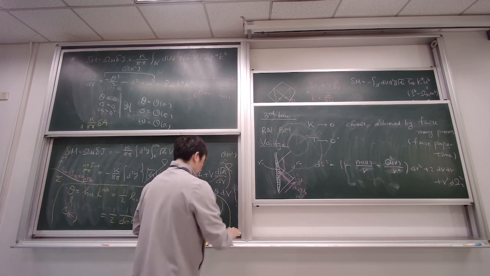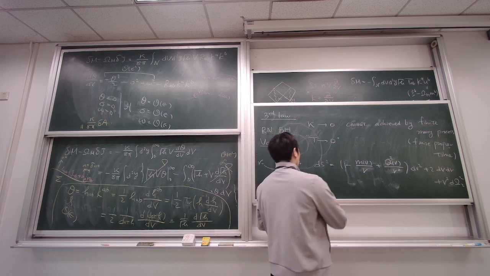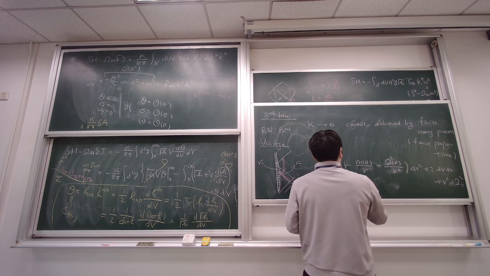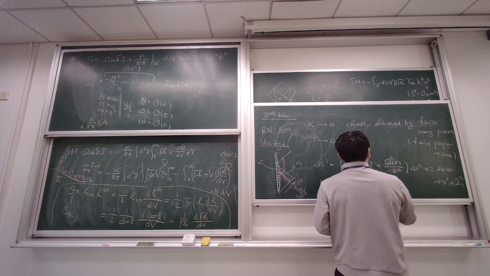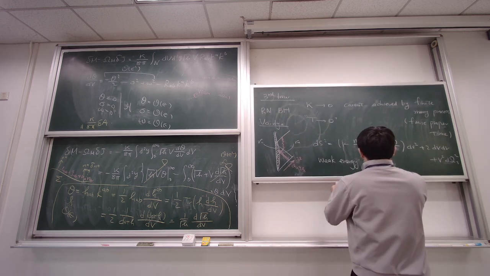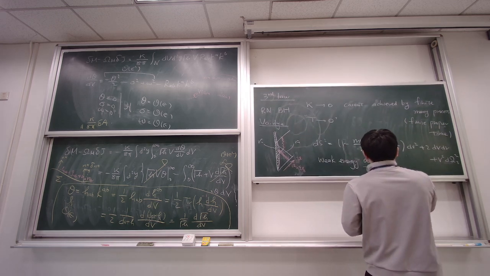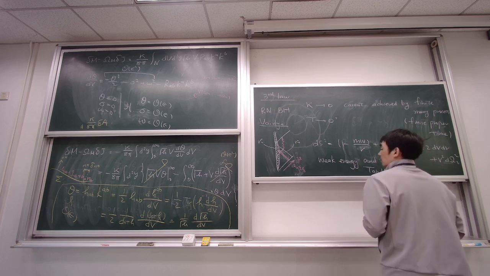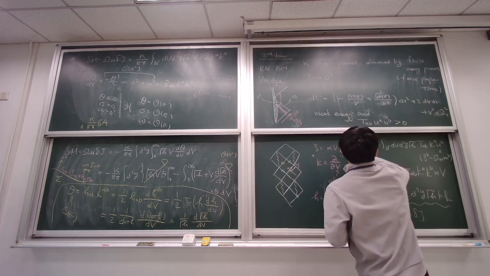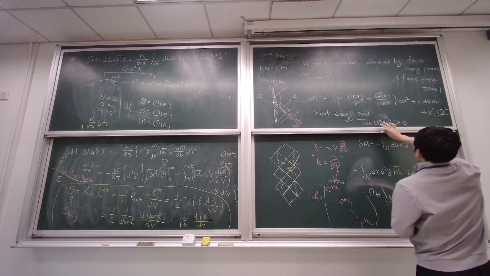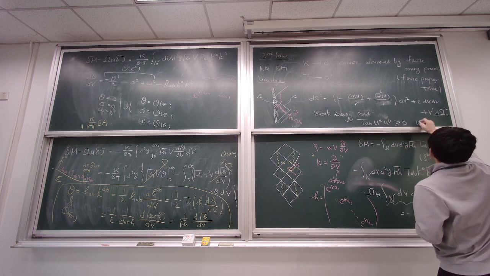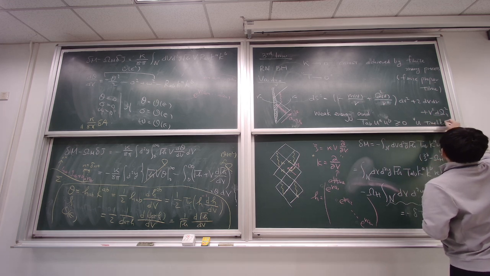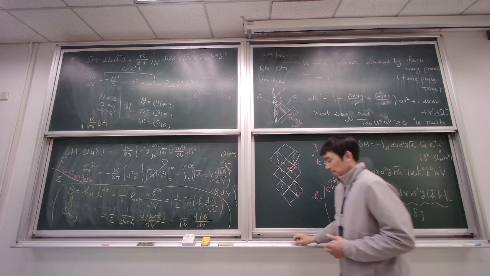And then using the weak energy condition, which is T_ab u^a u^b being like this, this equality is only achieved when u is null, for u any timelike curve.